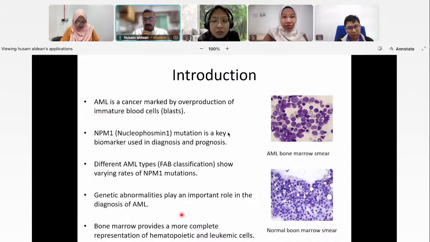Because bone marrow smears provide a more complete representation of hematopoietic and leukemia cells.